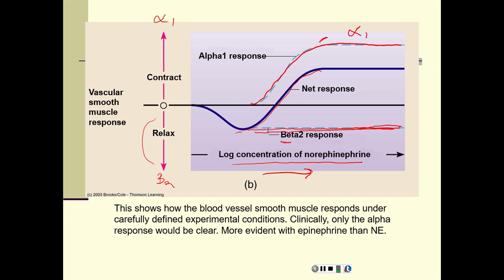It all makes sense. You just have to appreciate that the blood vessels have alpha-1 and beta-2 receptors on them, and if you stimulate the beta-2 receptors, it causes the muscles to relax, because the beta-2 receptors are connected to one signal transduction mechanism, and the alpha-1 receptors that are on the same cells are connected to a different signal transduction mechanism that causes contraction. Right, so you get differential responses. You can get a different response with the same drug depending on the dose, because the affinity of the drug for the receptors is different, and that's the case with norepinephrine and epinephrine.